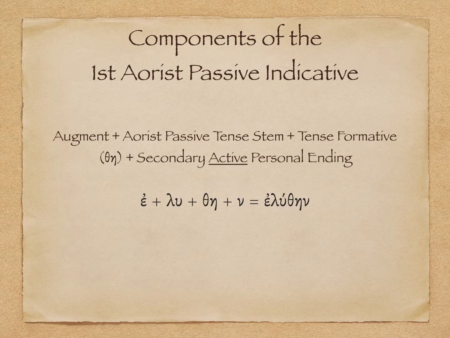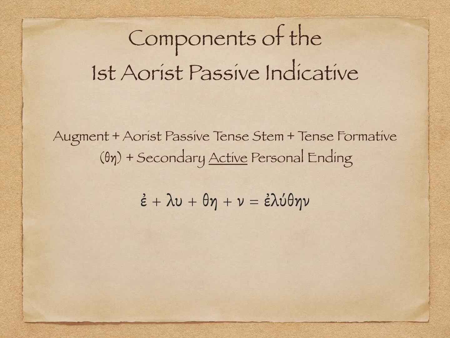Well, let's think about the first aorist passive. The various components of the first aorist passive are familiar in terms of what an aorist is. It has the augment epsilon, which signals a past time generally, and secondary endings. Aorist passive tense stem, that makes sense. We're in the passive.